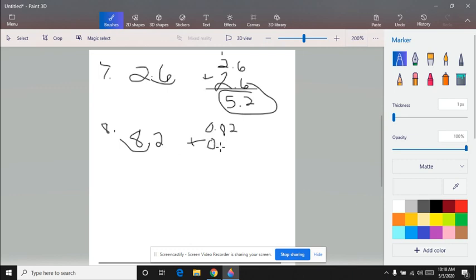So 0.82 plus 0.82. 2 plus 2 is 4. 8 plus 8, 16. Carry the 1. 1.64. Okay, so hopefully that is easy to understand. Finding the 10%, that's super easy. You just move it one spot to the left. And then the 20%, all you're doing is the same thing, and then you double it.